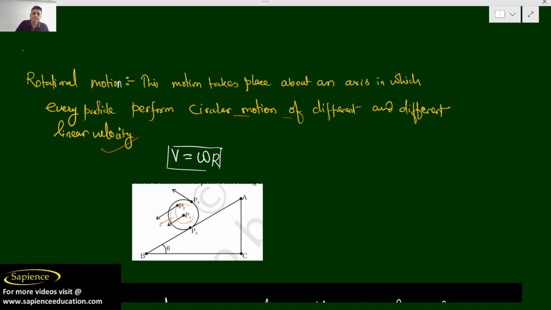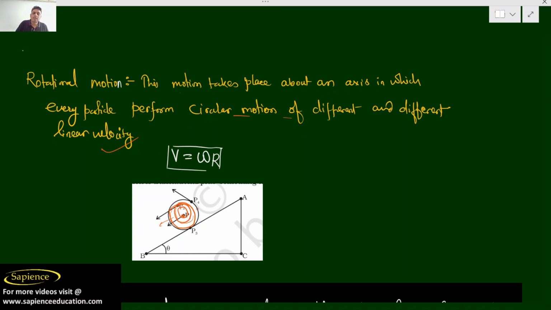Every particle is making a circle around the axis. Suppose there is one more particle, P2. Every particle is making a circle except the center point, and this type of motion is known as rotational motion.